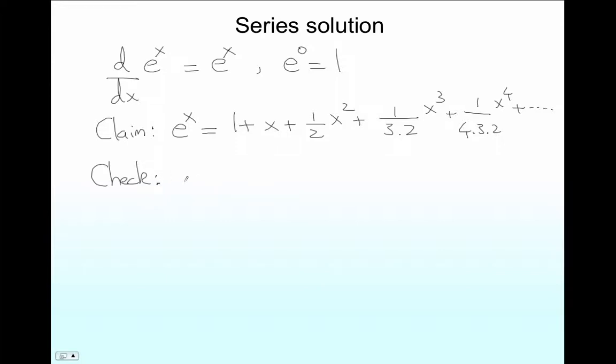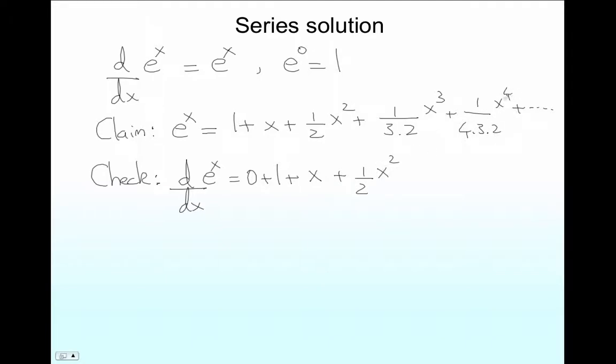So as a check, I'm going to take the derivative of what is above, so d by dx of the above. From 1 I get 0, from x I get 1, from half x squared I get x, and the derivative of x cubed is 3x squared, so I get half x squared.